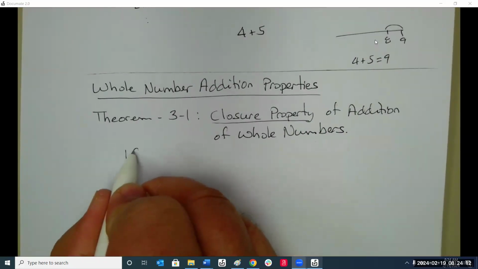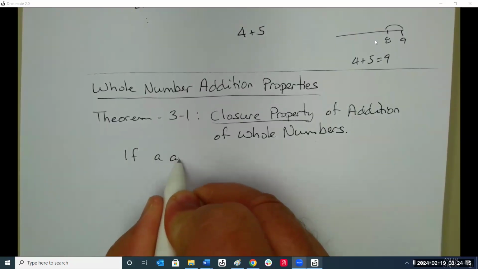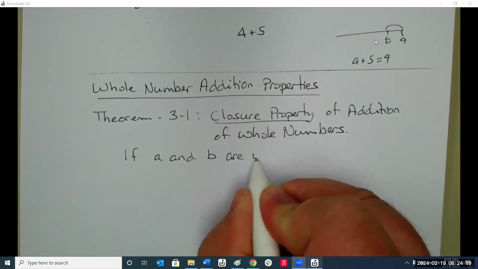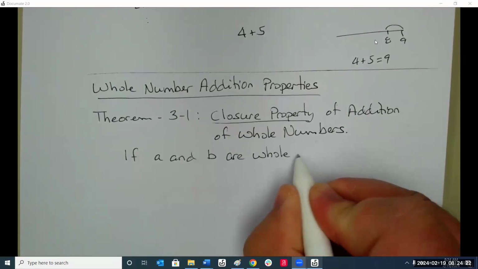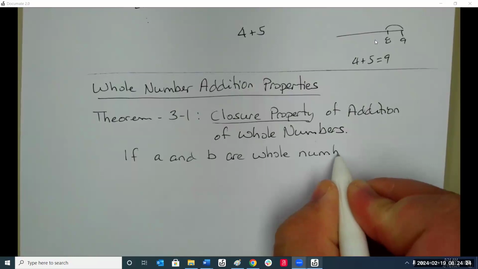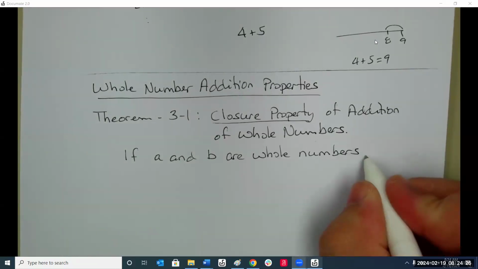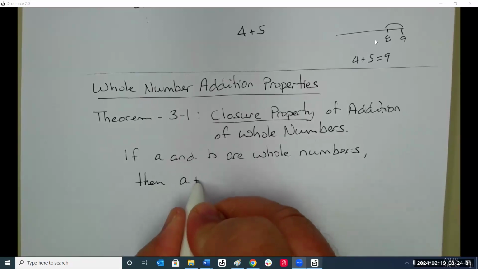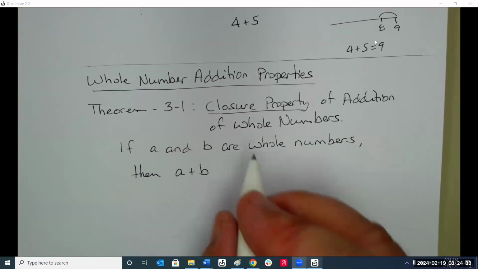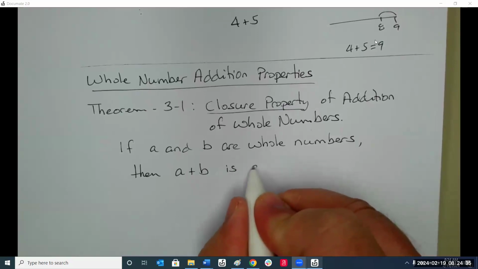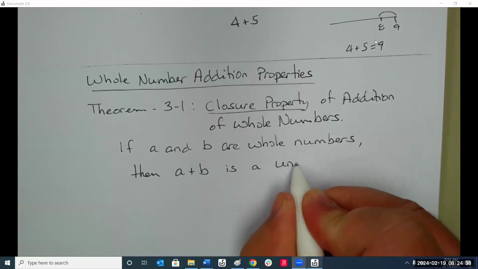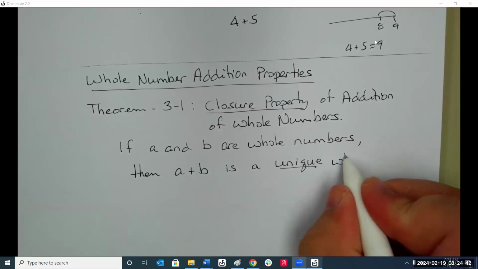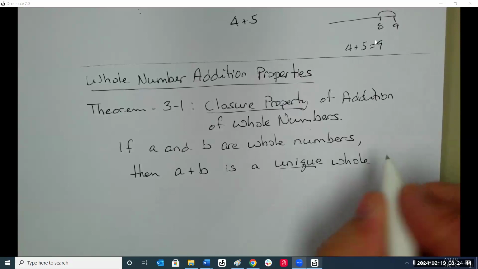So, if A and B are whole numbers, then A plus B is a unique whole number.